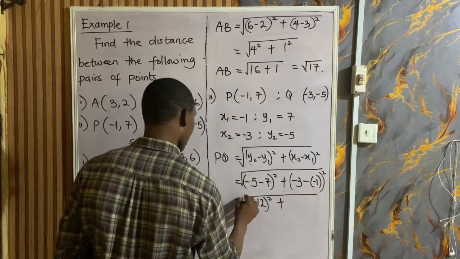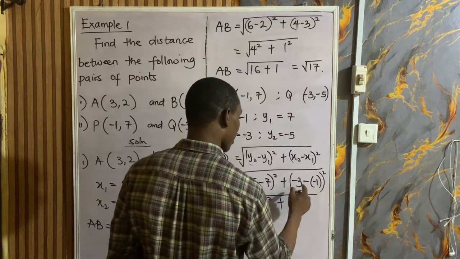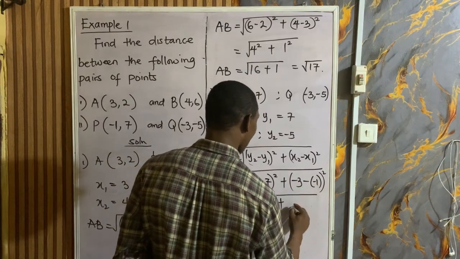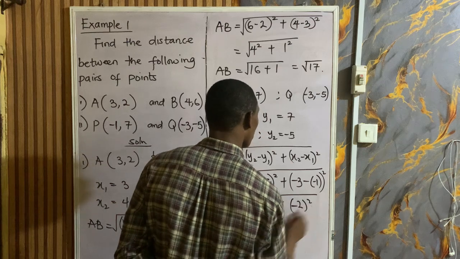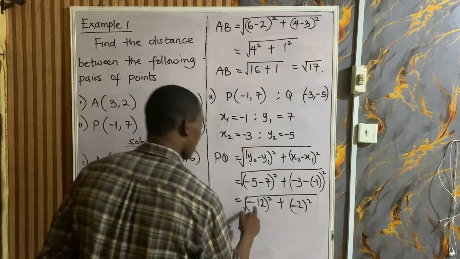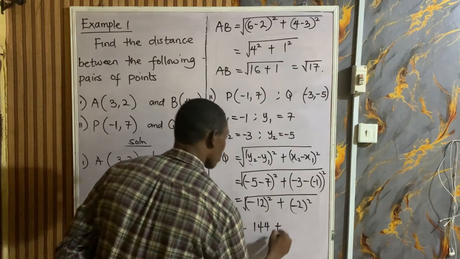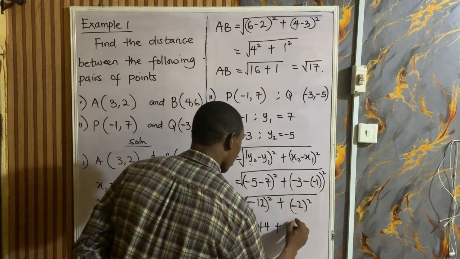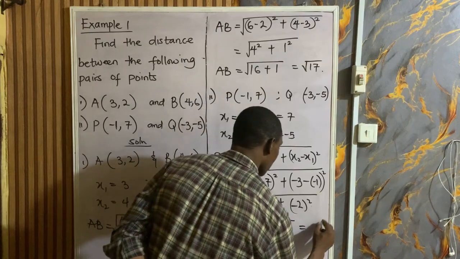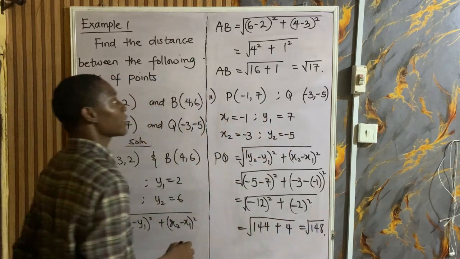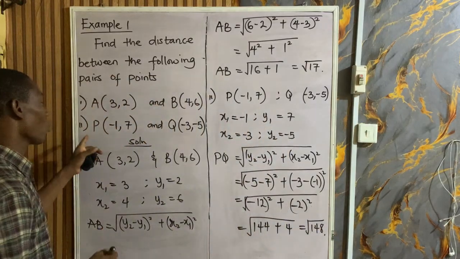Plus -3 minus -1, that will be -3 plus 1, and that will be (-2) squared. If you square -12, you're going to have 144, plus squaring -2, you're going to have 4. Put that in the square root, and that will give us the square root of 148. So that's the answer to this second one.